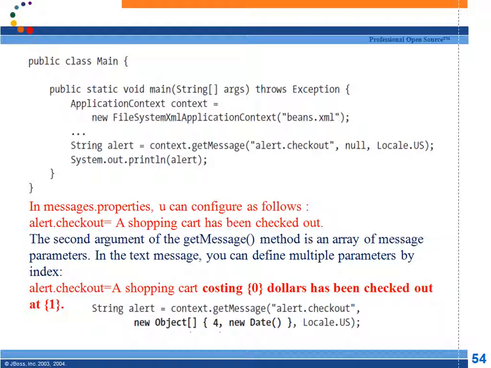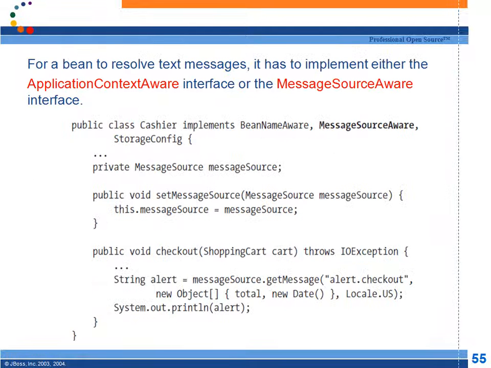By using the context object, you can say getMessage, but in your own bean, if you want to get the internationalized messages, how to do it? See, this is my own bean. Just like the BeanNameAware interface, similarly there is MessageSourceAware. There will be a method called setMessageSource.